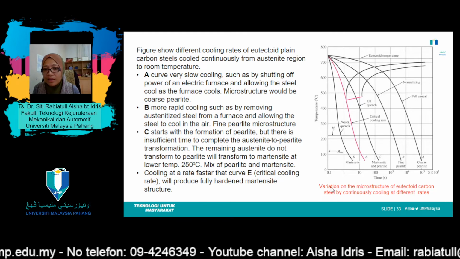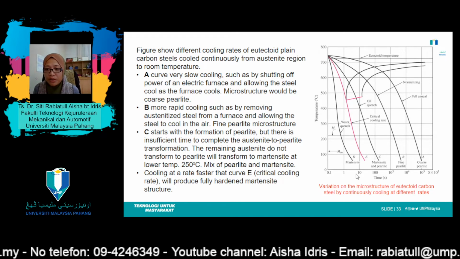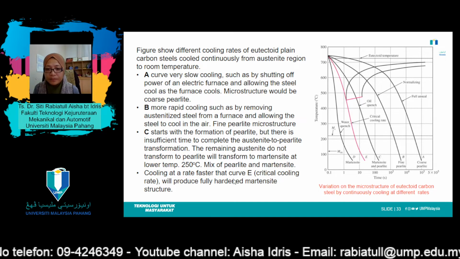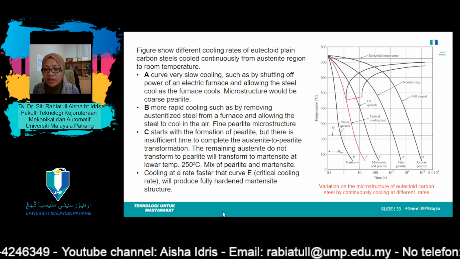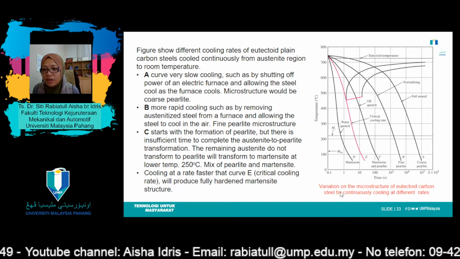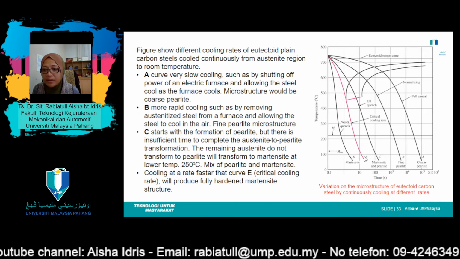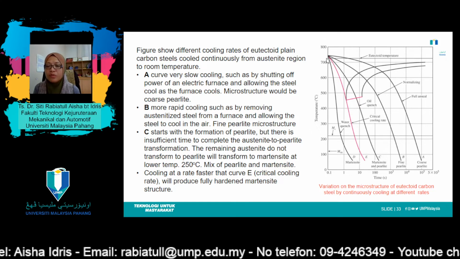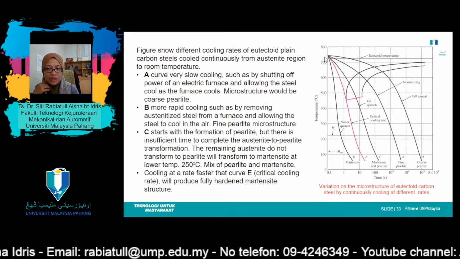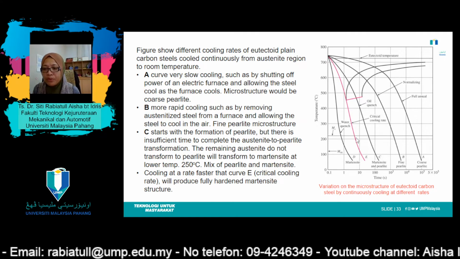Other than that, curve E is cooling at a faster rate, so this one will produce a martensite structure. The same goes for D. From the austenite temperature, faster cooling will produce martensite.